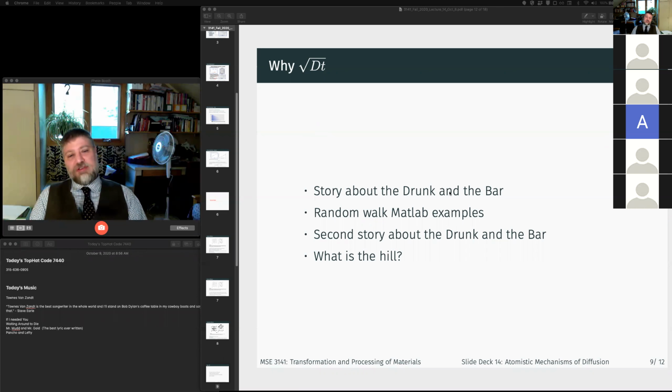He also introduced diffusion through a drunk leaving a bar, right? So imagine you have someone who's had a few too many, and they can't exactly remember where their house is relative to the bar, and they walk out and they start stumbling through the streets, right?